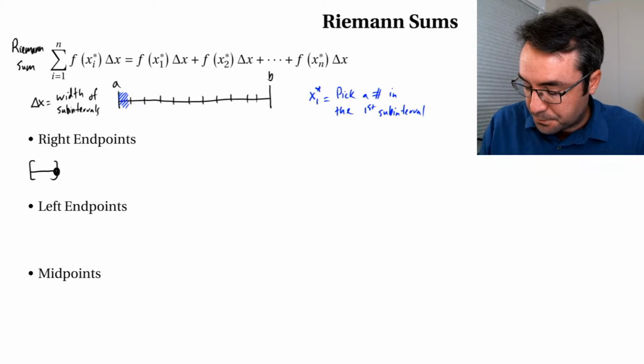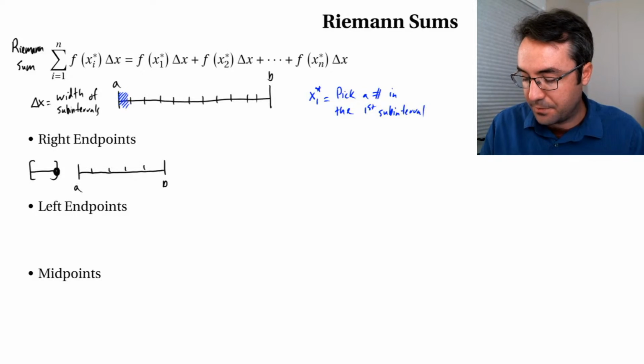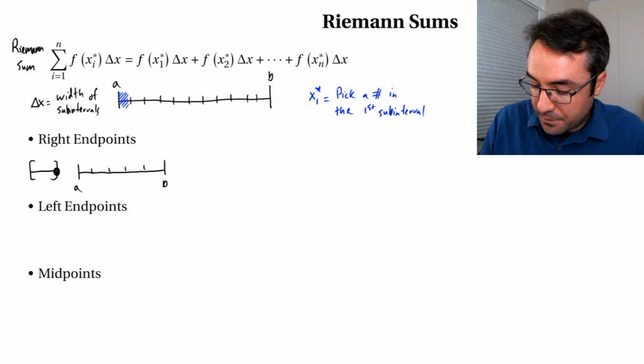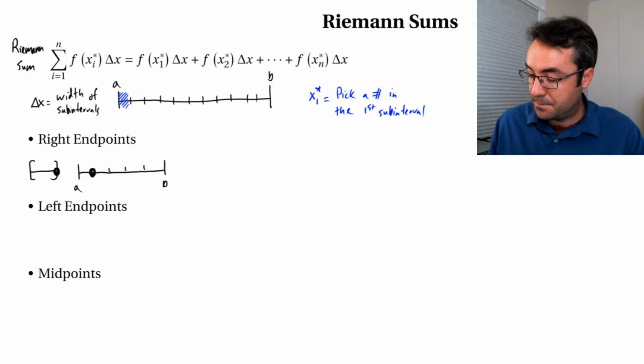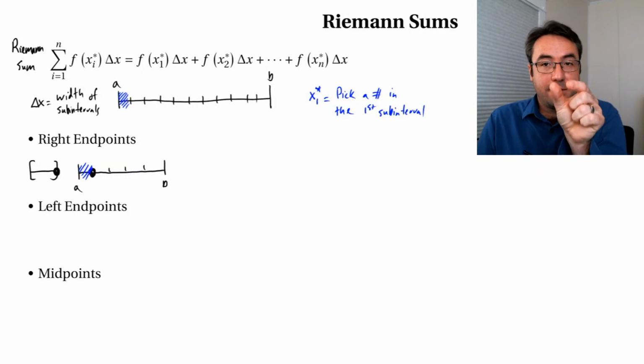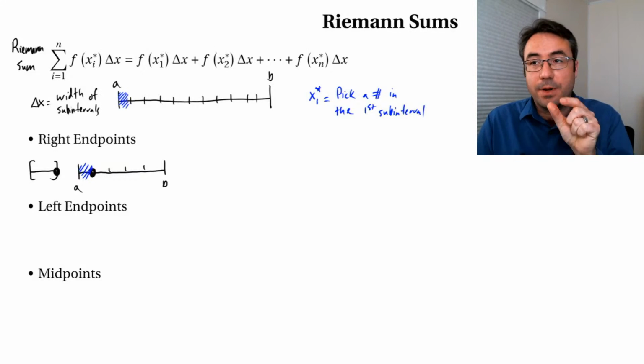So if we have our whole number line here from A to B, and let's say we have a few subintervals here, for our first subinterval, we're going to pick not A, we're going to pick the one next to it.